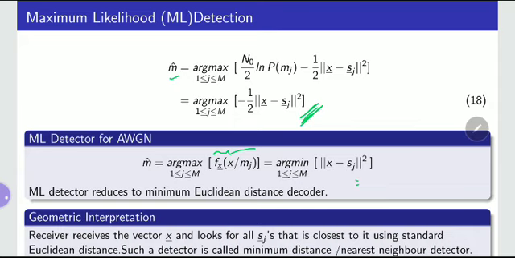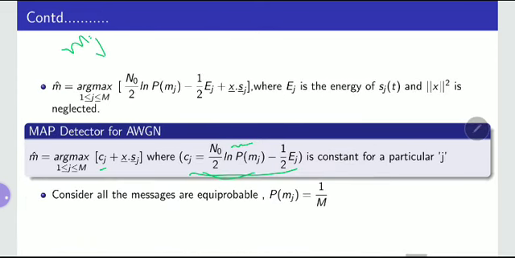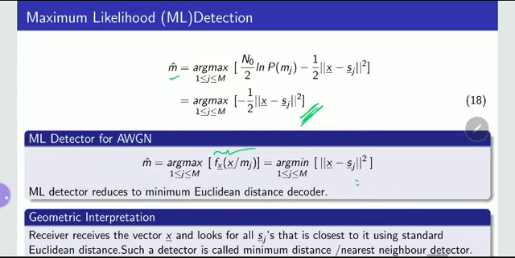Not in this case, not in the MAP case. In the MAP case it is not minimum distance, you have to use this equation. But if all the messages are equiprobable, the ML detector reduces to the minimum Euclidean distance decoder.